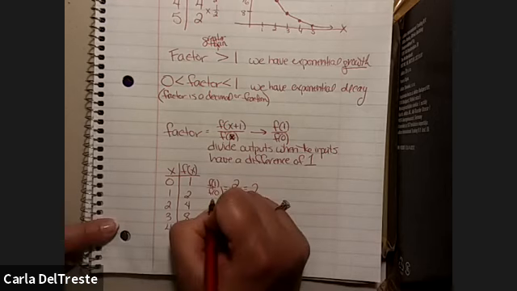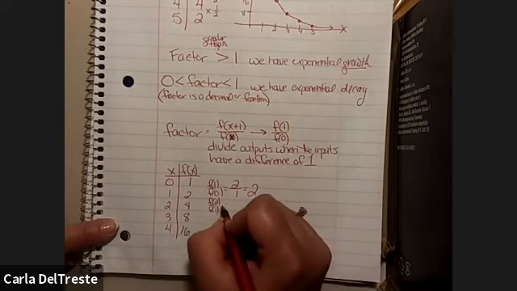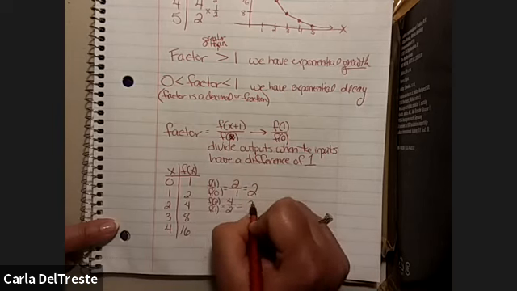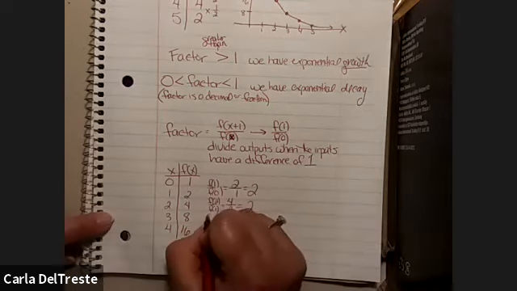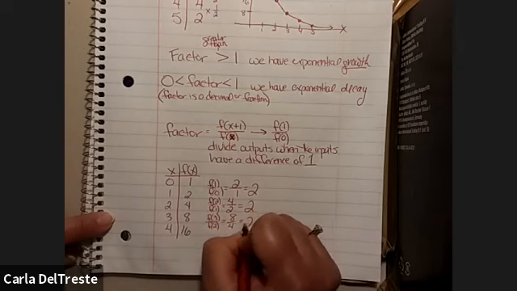So now I want to see what f of 2 divided by f of 1 is. Again, all I need is a difference of 1. So that means it's going to be the output 4 divided by 2, which is 2 again. Okay, that looks promising. Then I want to divide f of 3 by f of 2. That's going to be 8 divided by 4, which is also 2.